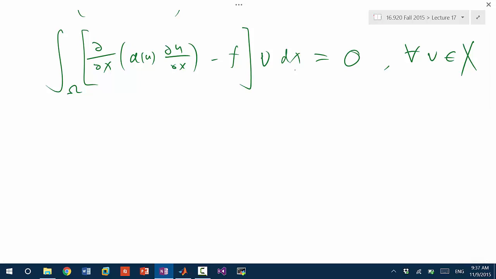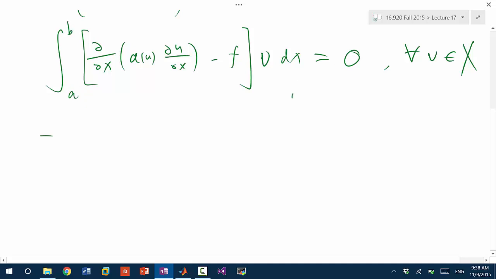To derive the weak form, what do we mean by weak form? A weak form requires a weaker smoothness on the solution u because we perform integration by parts. Okay, through integration by parts, let's use the Dirichlet boundary condition and let's assume this is from a to b because we are doing a one-dimensional integration.